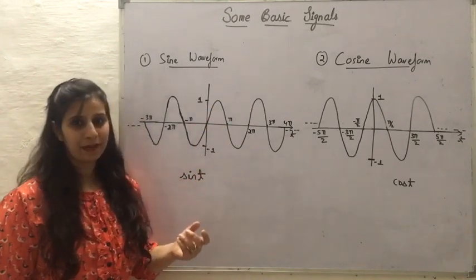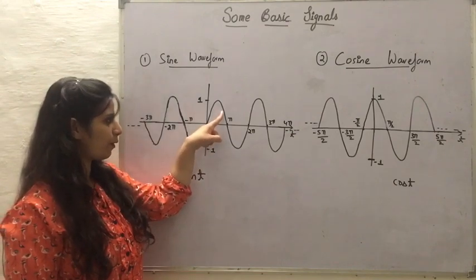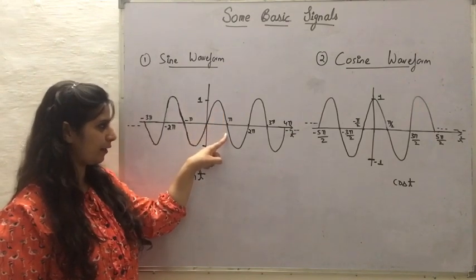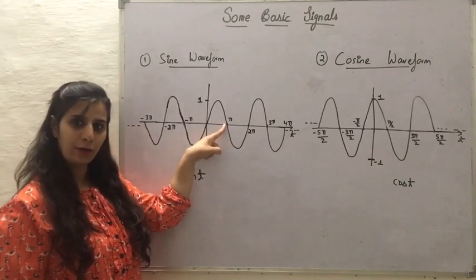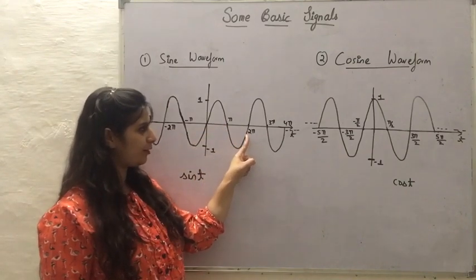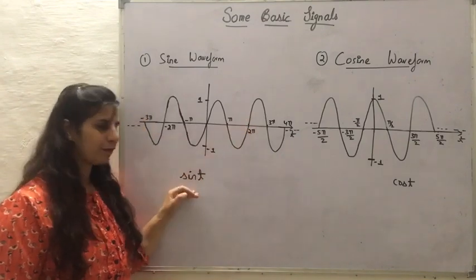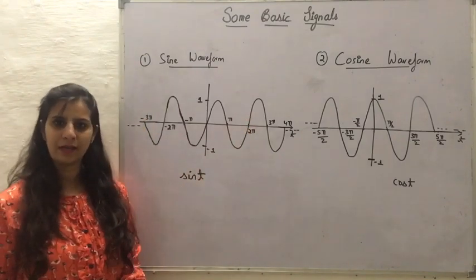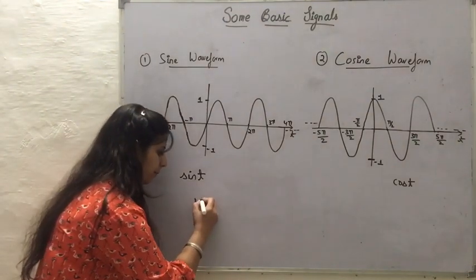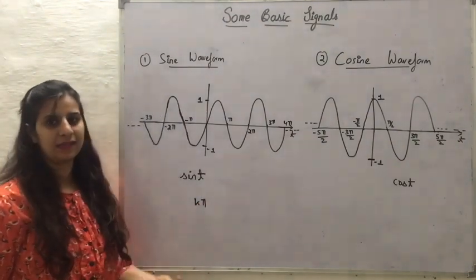This is happening when the waveform is going from a positive value to a negative value, so at this point, and also when the waveform is going from a negative value to a positive value, look at this point. So for a sine waveform, the zero crossover occurs at every k pi, where k is an integer.